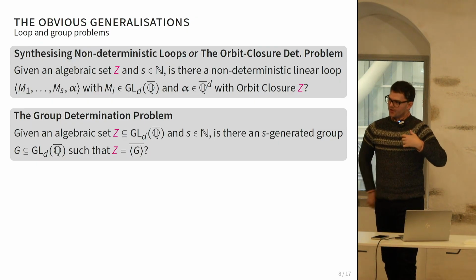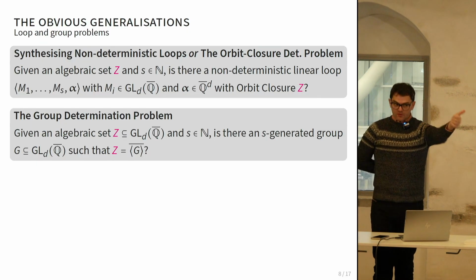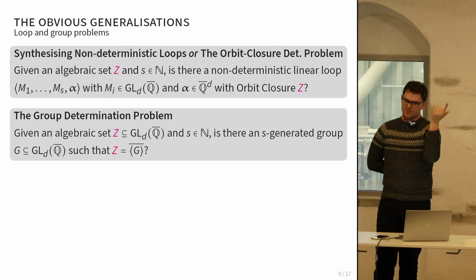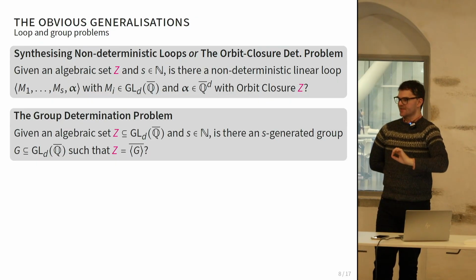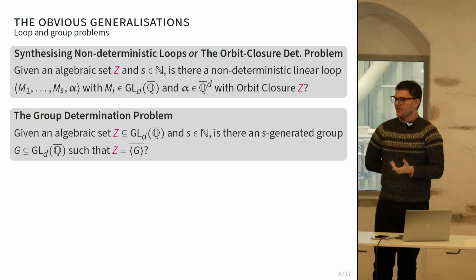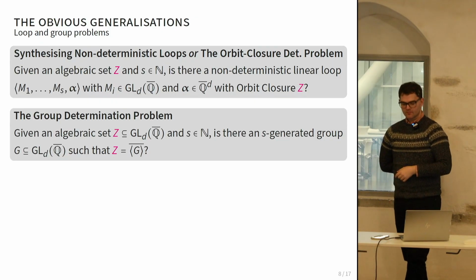So your inputs are: you're going to be given your favorite algebraic set Z. It's always in pink for me. And you're going to give your favorite natural number, and you're going to ask whether you can explore that algebraic set using a group that's generated by s elements.